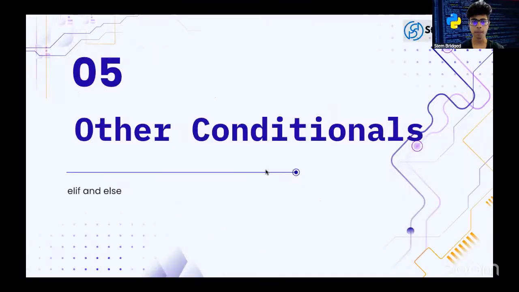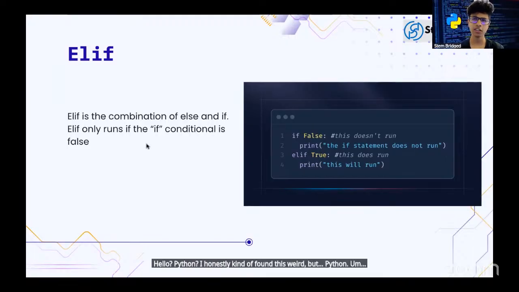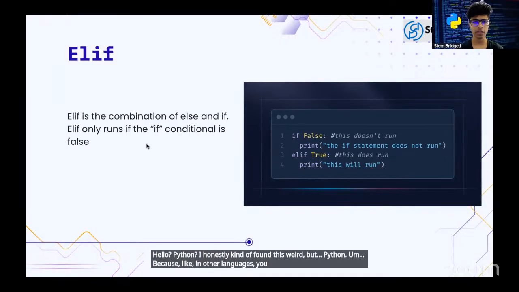Okay. Other conditionals. We have else if, which is the combination of else and if, elif in Python. I honestly found this weird, because in other languages you would write else and then if.